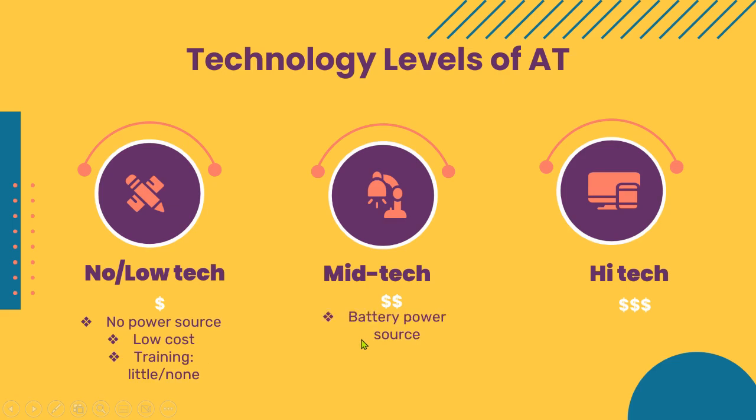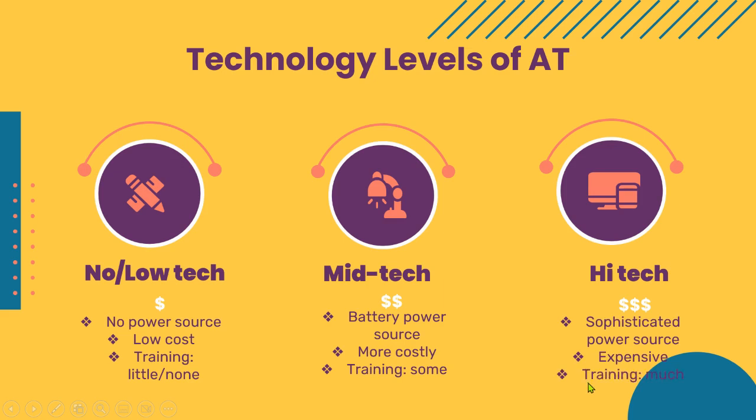Mid-tech levels of technology do require a battery or power source, are more costly, and need some training to occur. And then high-tech levels of AT are sophisticated in their power sources, are usually more expensive, and require a lot more training.